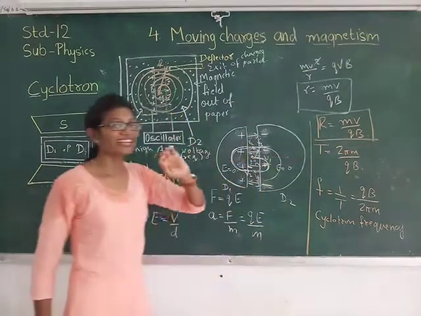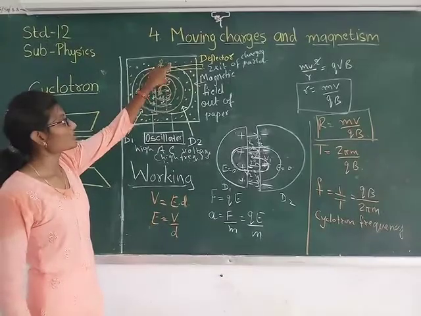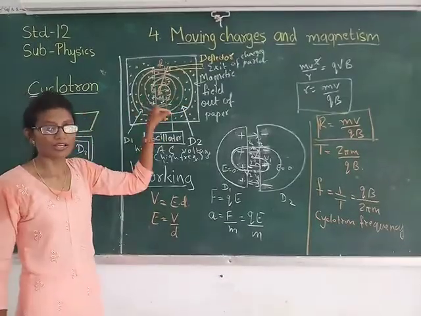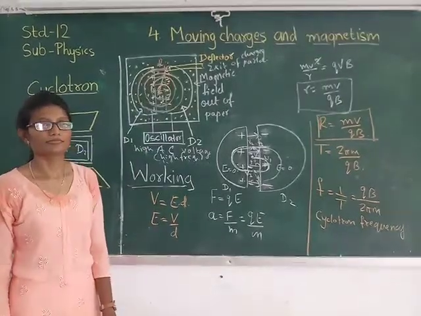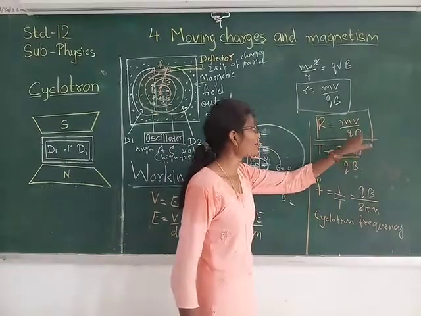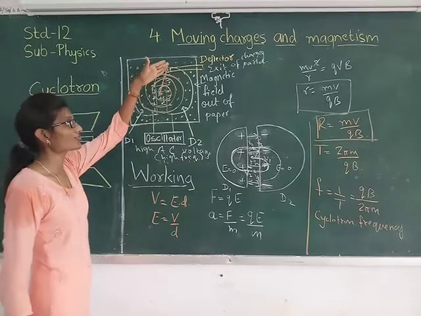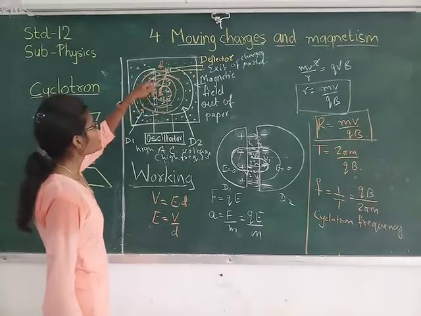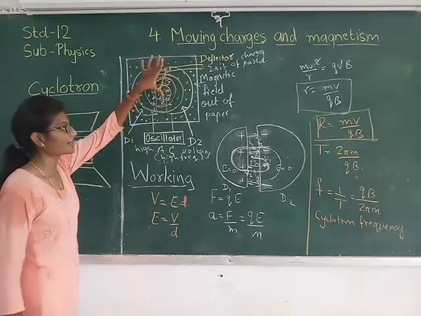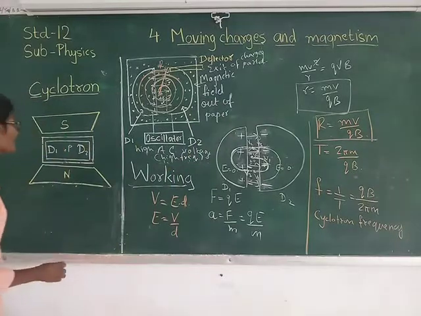This is the radius of the circular path when it comes near to the deflector, that is the final circular path. So R is equal to mv upon qB. Here R, you can consider it as the radius of the device, because it is for the last circular path which is near to this deflector.